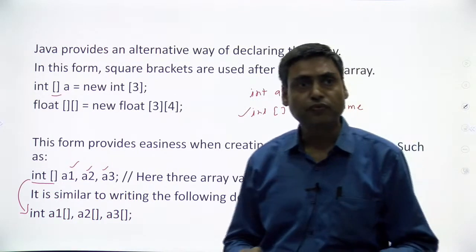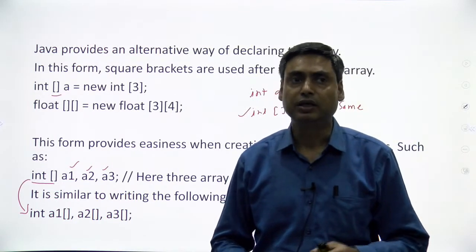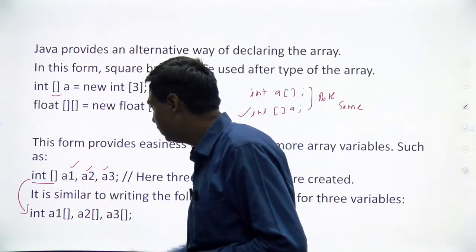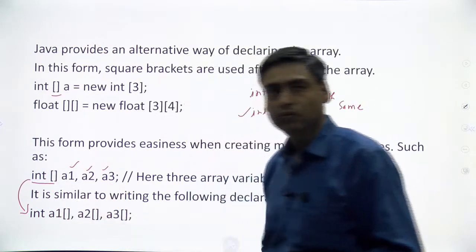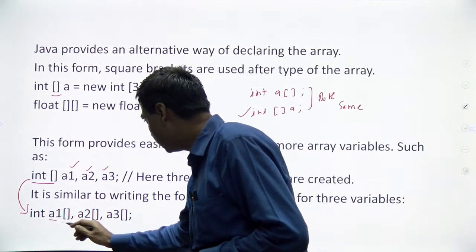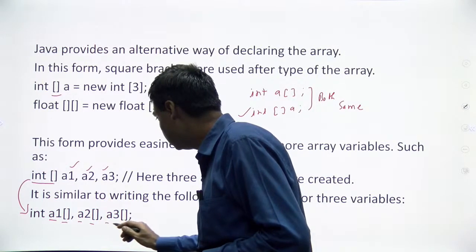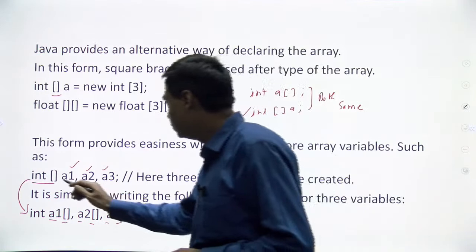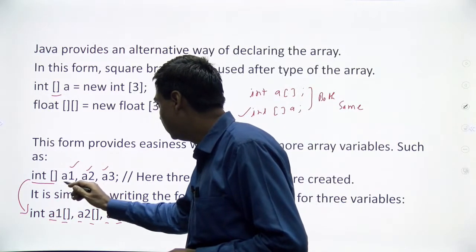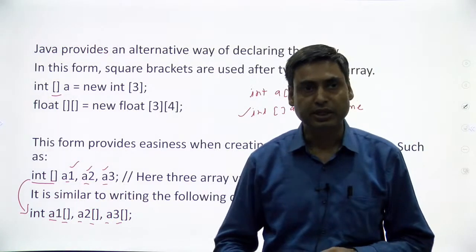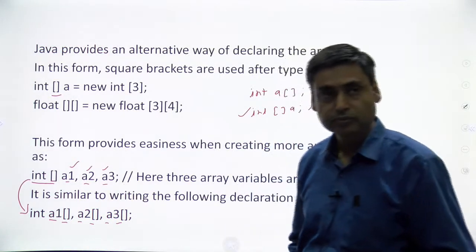So it is your choice how you declare a variable, either the alternate way or the formal approach. In the formal approach, you have to write a1 then bracket, a2 then bracket, a3 then bracket. In the alternate approach, you just write one bracket and you can declare the names of the variables. This is the alternate way of creating the array in Java.